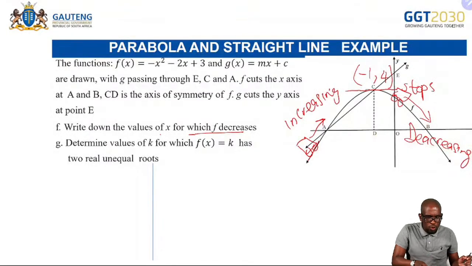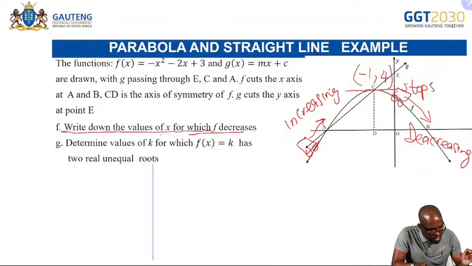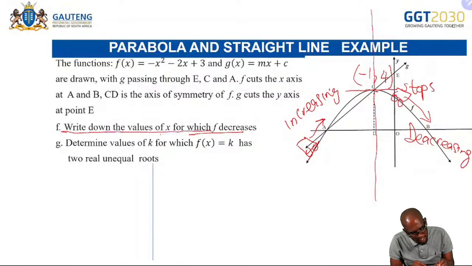So now we want the region where the function decreases, the values of x where the function decreases. So we are interested in where it decreases. Where will it decrease? It decreases starting from the turning point, just after the turning point, going down.